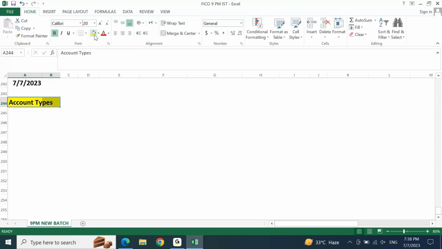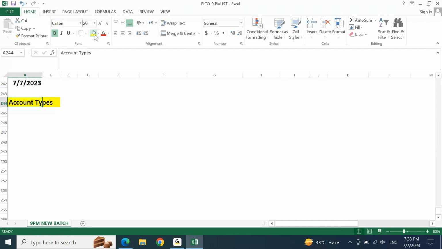We may be using the similar terminology but with a different context, with a different scenarios, with a different situations. Now here when I talk about account types, I do not mean asset, liability, income and then expense. Here I mean something else.